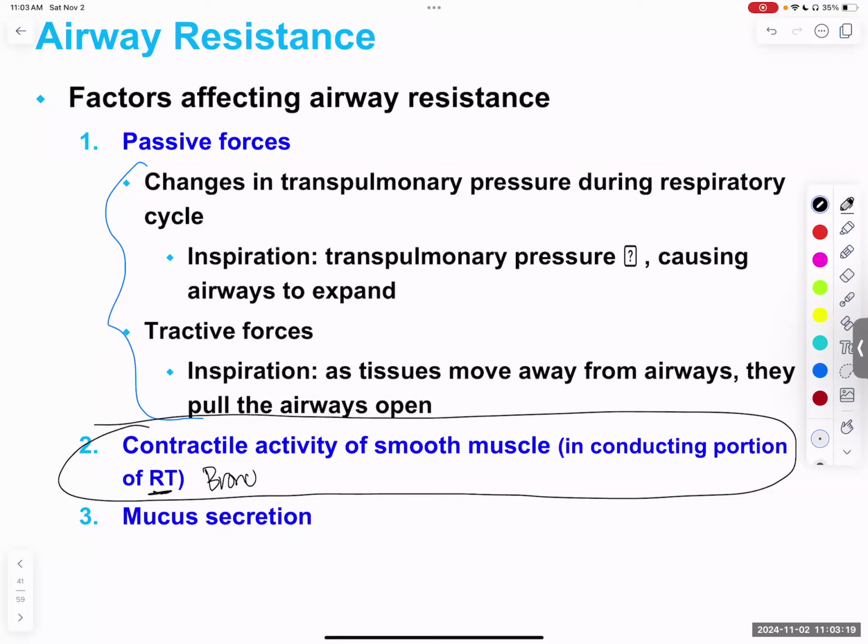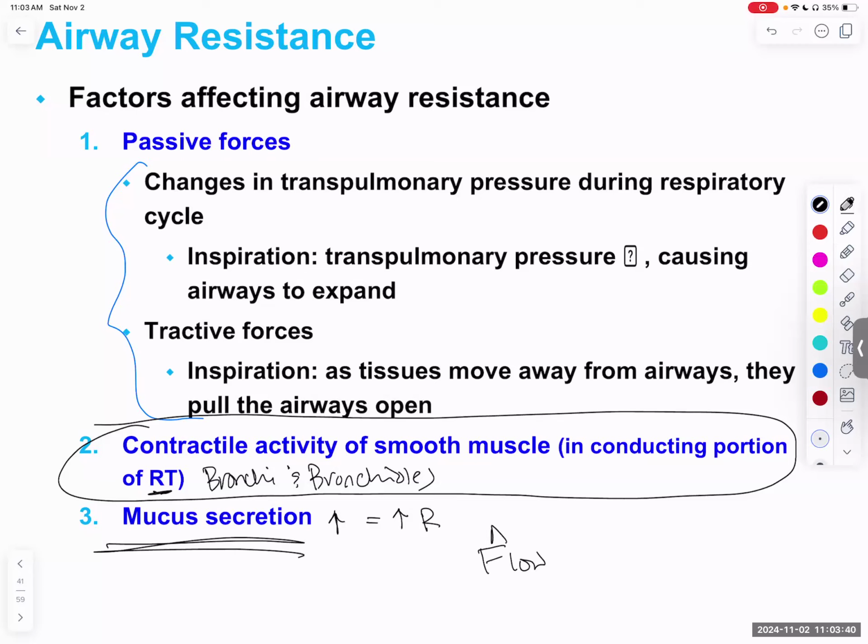So bronchi and bronchioles. Then how much mucus secretion? If you have a lot of inflammation, you're going to have a lot of mucus. An increase in mucus would basically increase resistance, right?